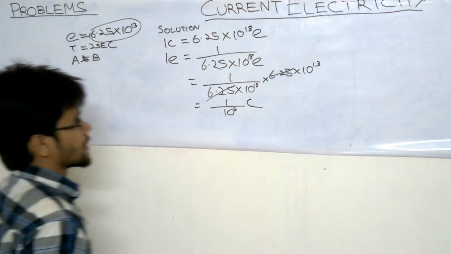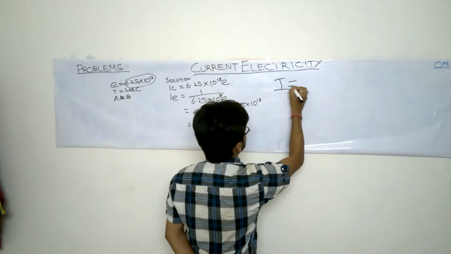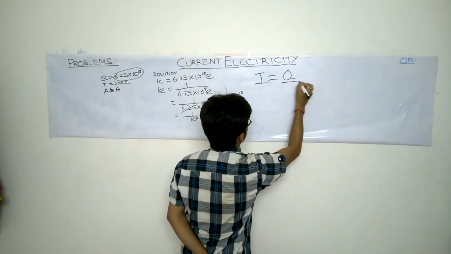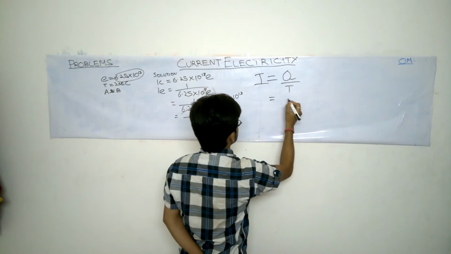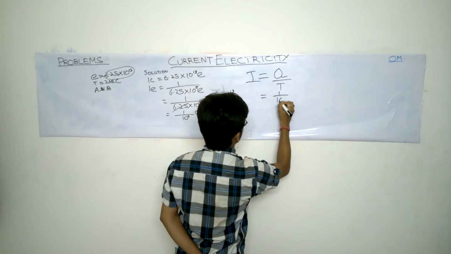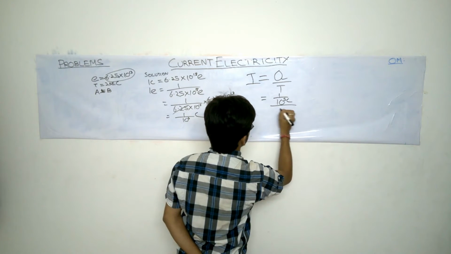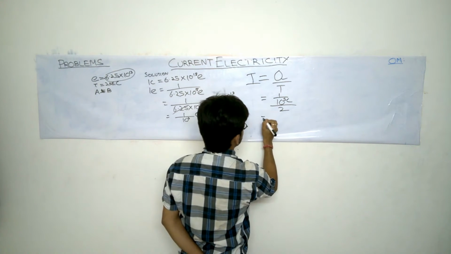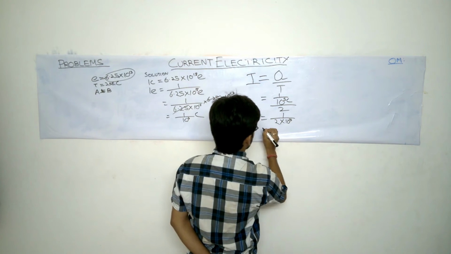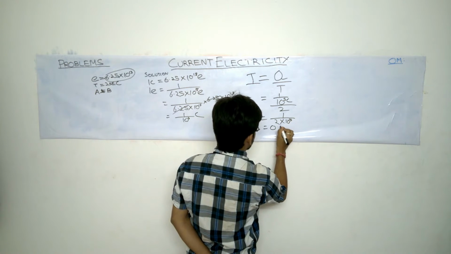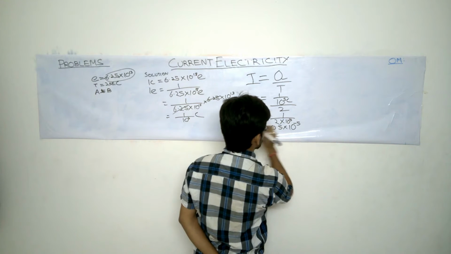Now we need to find the current. The formula of current, as we all know, is I equals charge by time. Time here we know is 2 seconds. Charge is 1 by 10 to the power 5 coulomb divided by 2. So this will be basically 1 by 2 into 10 to the power 5. 1 by 2 can be written as 0.5 and this can be written as 10 to the power minus 5.